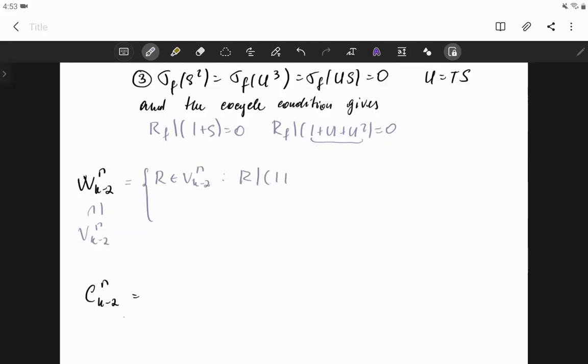On the one hand, if we slash with 1 plus S, we get 0. On the other hand, we slash with 1 plus U squared, and we get 0. And if we slash with J, we get R. This is what we call the space of period polynomials.